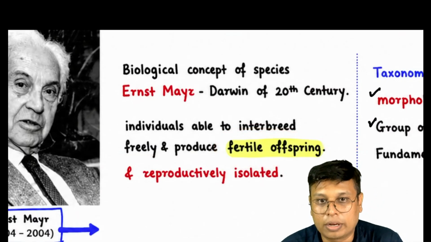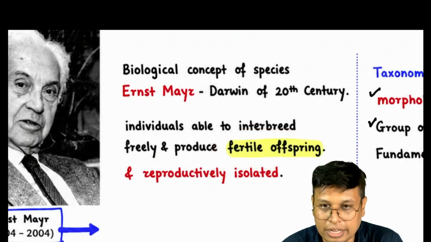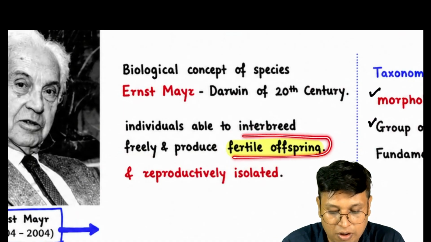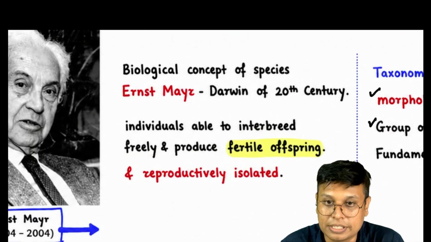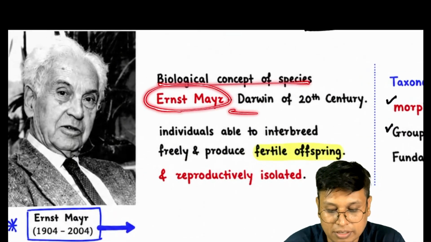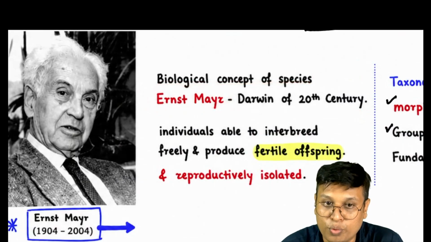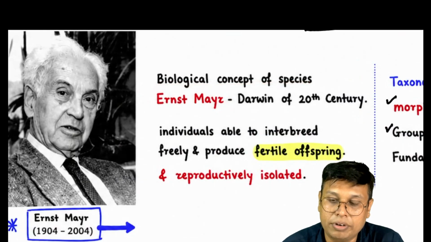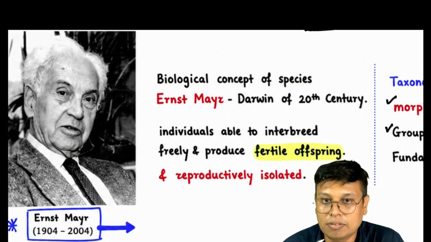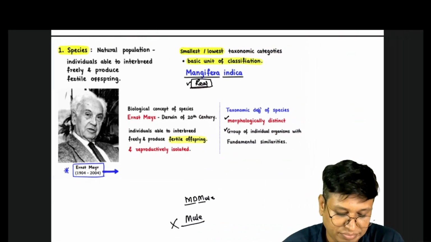If two organisms are able to produce fertile offspring in a natural setting, then they can be called a species. This was the biological concept of species given by Ernst Mayr, who was called the Darwin of the 20th century, because this concept of species was very important at that time.